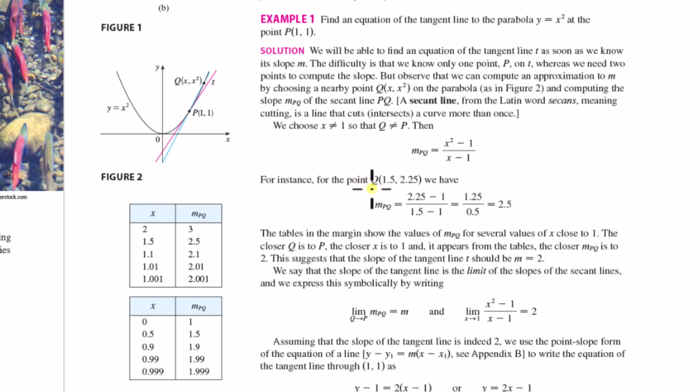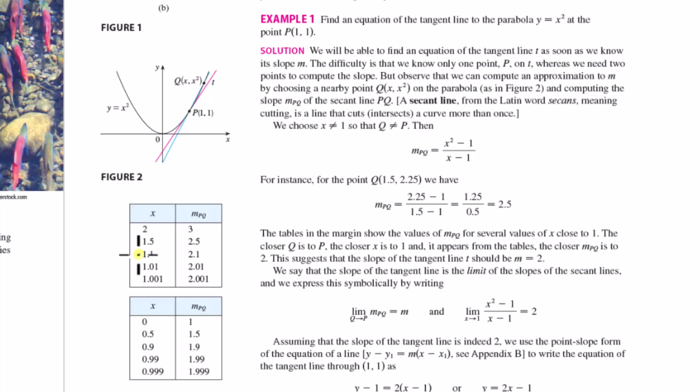Okay, and so it says, for instance, if point Q is at x equal to 1.5, and therefore x squared is 2.25, the slope of the secant line is 2.5. Now what they do next is make a table and determine the slope of this secant line for an array of different values that are getting closer and closer to 1.